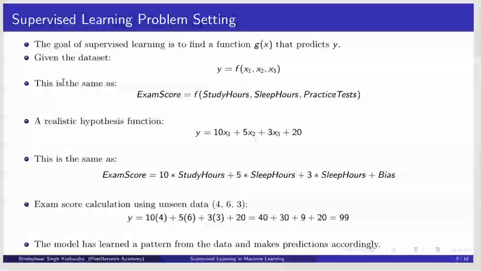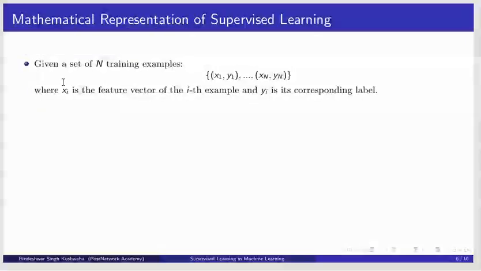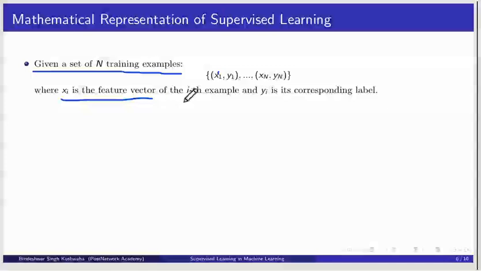The model has learned a pattern from the data and makes predictions accordingly. Let us see the mathematical expression. Given a set of training examples x1, y1, that is two dimensional, but x1, x2, x3, x4 may be many. So xi is the feature vector or column vector of the ith example, and y is the corresponding label.